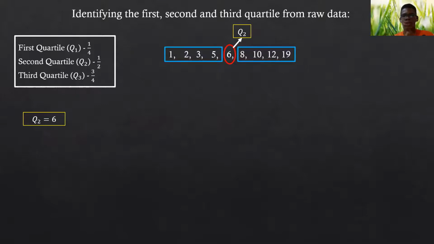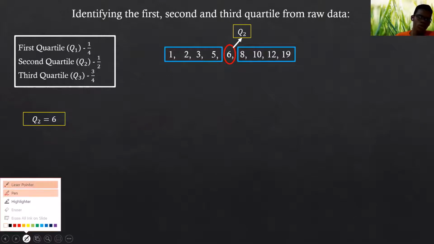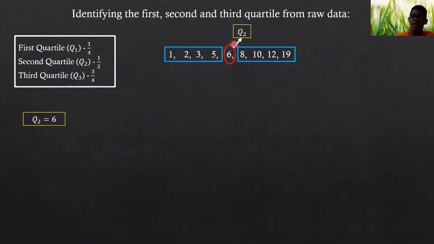Now, this is the way I'm going to show you to identify these quartiles: split the data in half. If it's a raw data set, use your Q2, split it in half, and ignore the other half.